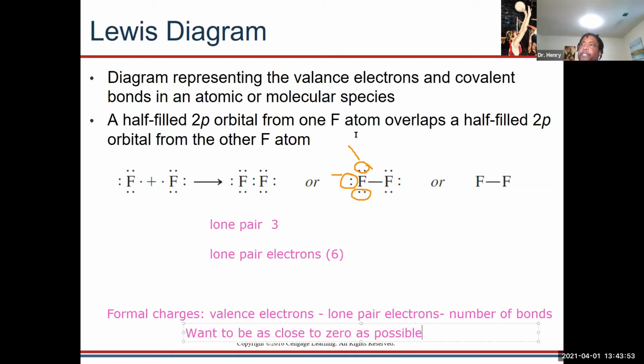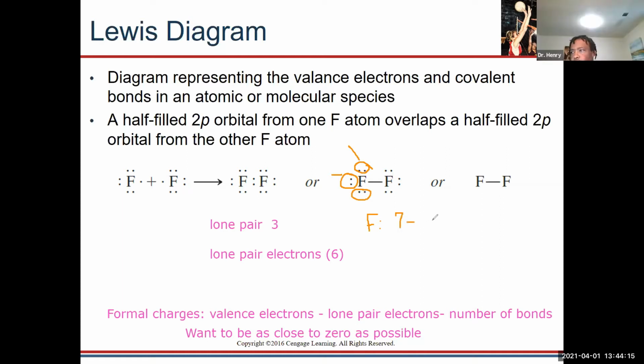Okay, so if we take fluorine here, you take each atom independently. These are both fluorine, so they're going to have pretty much the same formal charge. If I was calculating the formal charge of fluorine, how many valence electrons does fluorine have? 7.